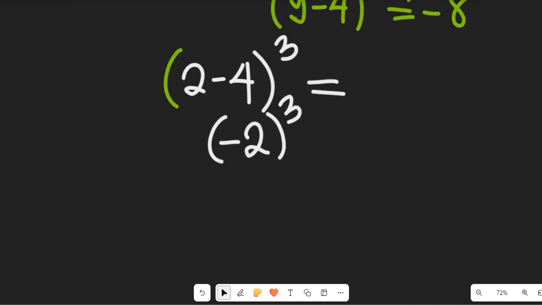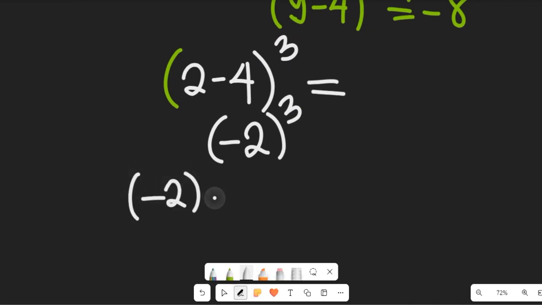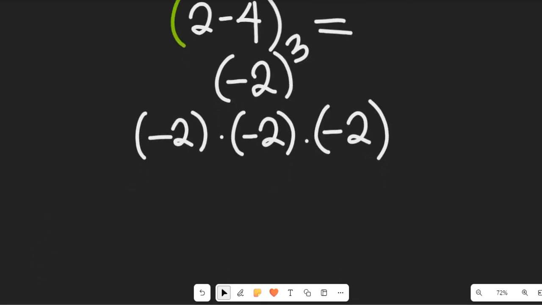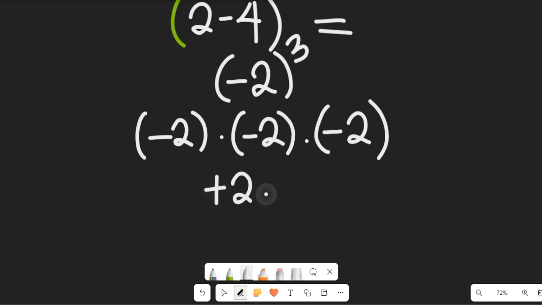And negative 2 to the power of 3 is negative 2 multiplied by negative 2 multiplied by negative 2. So minus times minus is going to give us plus, so we are going to have plus 4 here multiplied by negative 2. So minus times plus is going to give us minus.